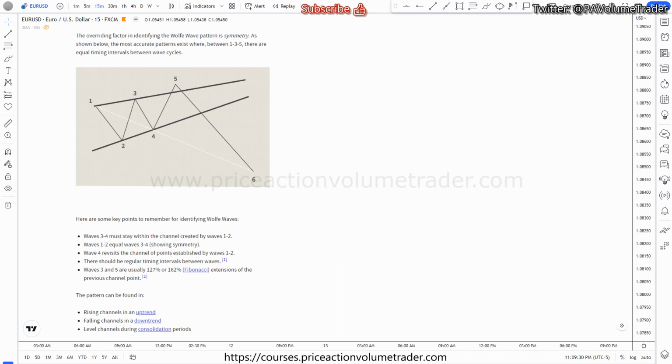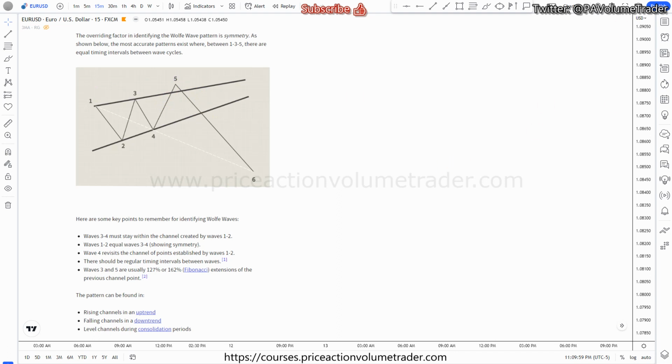This pattern is very symmetrical, so it's very important that we have symmetry, where the distance between 1 and 3 is around the same distance as 3 and 5. 5 does not necessarily have to exceed 1 and 3, but usually if it does that and then reverses back in, that is a strong signal that this was just a false breakout and we're going back in.